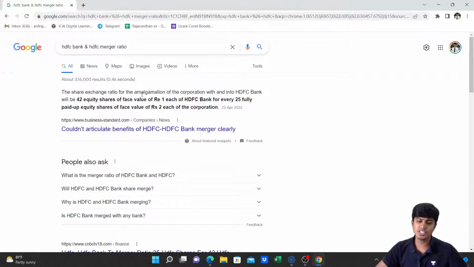The share exchange ratio of amalgamation of the Corporation with and into HDFC Bank will be 42 equity shares of face value rupees 1 each for every 25 fully paid up equity shares. So HDFC Corporation and HDFC Bank, the ratio was 42 shares for 25 shares. So 42 is to 25. Computing this ratio itself is a big task, which you could be doing in the future.